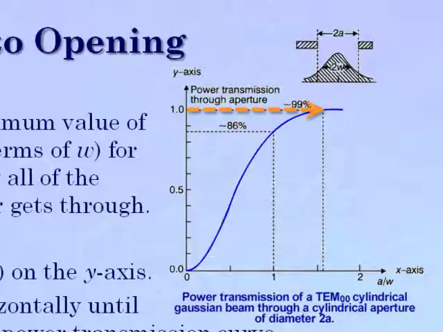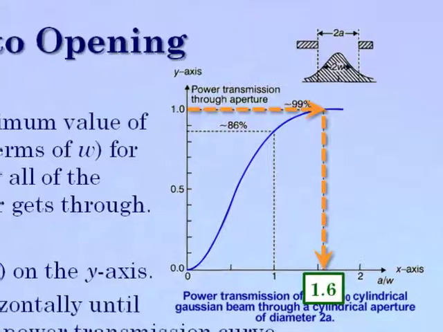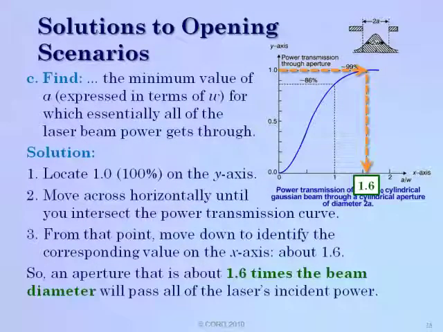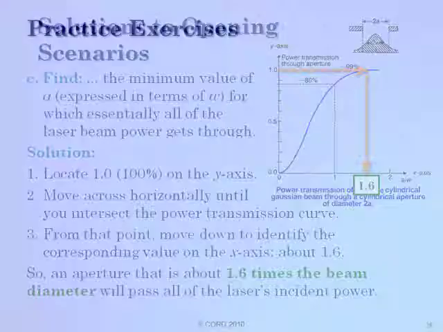This time it's a little harder to ascertain where it really hits the curve, but we'll just guess it's right there, and move down from that point, and we come up with about 1.6. So when the aperture is about 1.6 times as large as the beam diameter, all of the laser's power can make it through that hole. That's a pretty interesting result, isn't it?